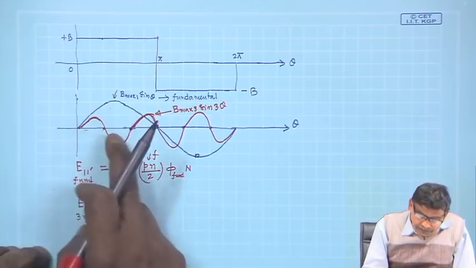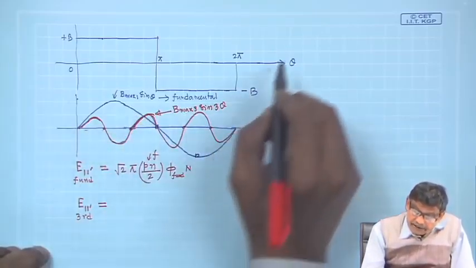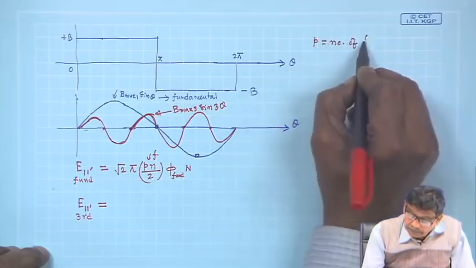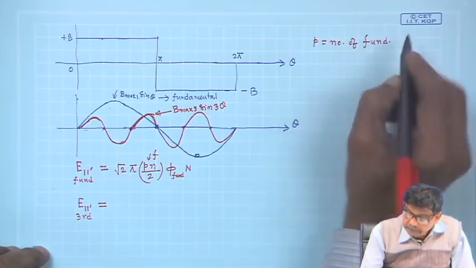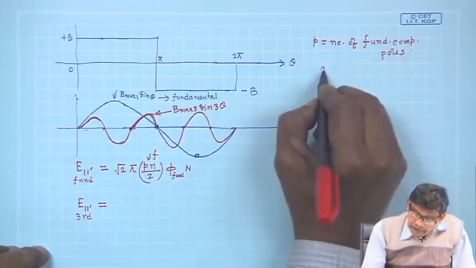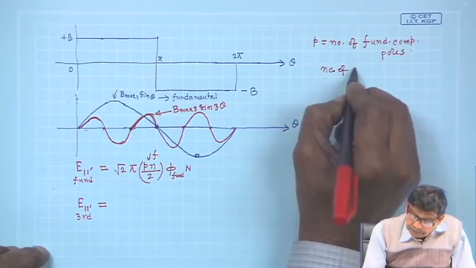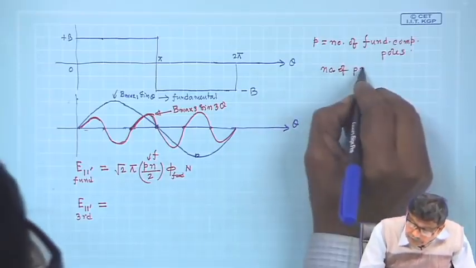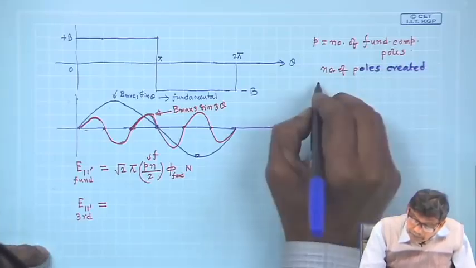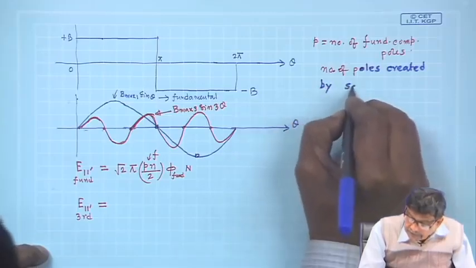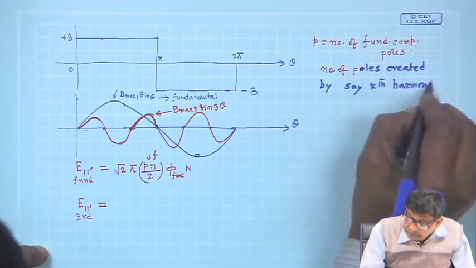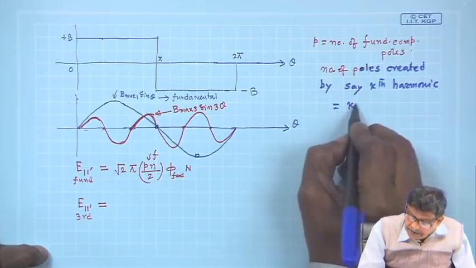Now, how many poles does this machine have? If P is the number of fundamental component poles, the number of poles created by the kth harmonic will be simply Kp.